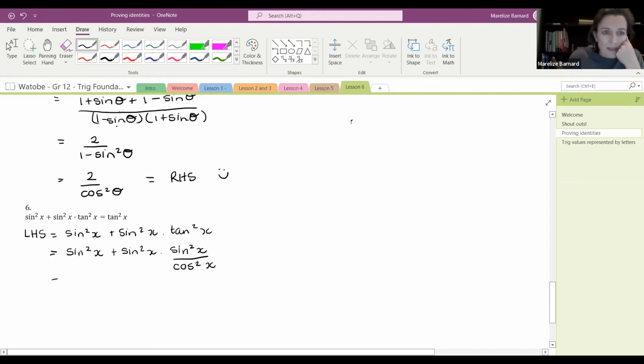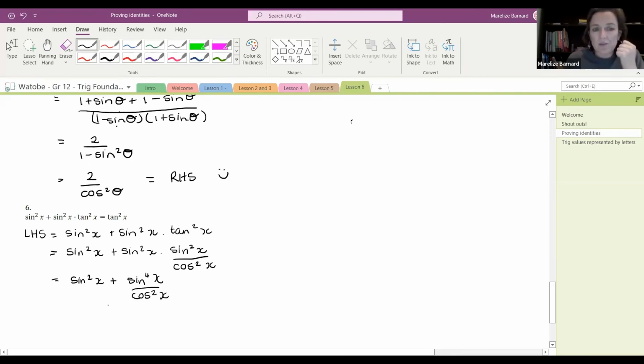Okay, so we end up with sine squared x plus sine squared times sine squared here will give me sine to the power of 4x over cos squared.